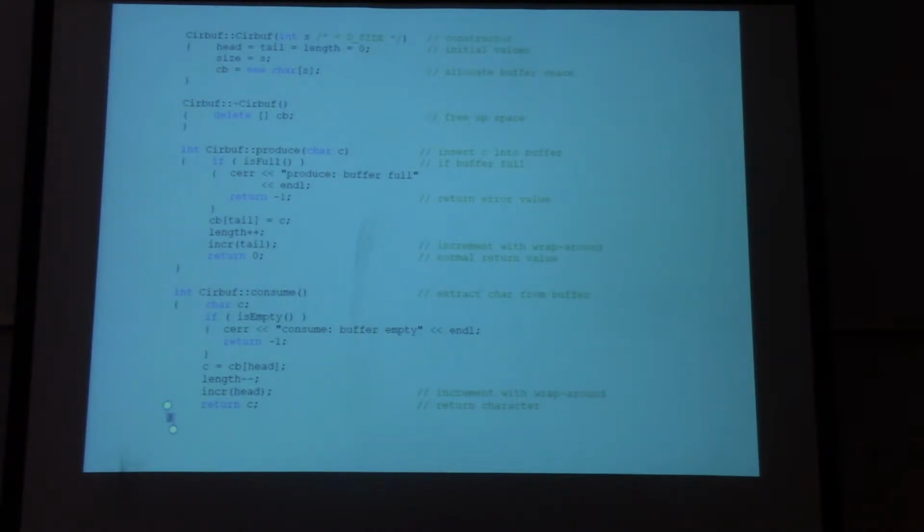No. So if the circular buffer is full, then we print a standard error, produce buffer is full, new line, return -1. Otherwise, it's not full. Put the character into the tail of the buffer, increase the length, increment the tail, and return 0. What does 0 mean for us? All good. 0 means good.